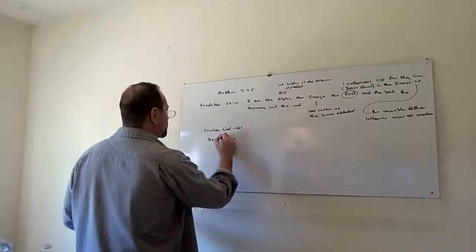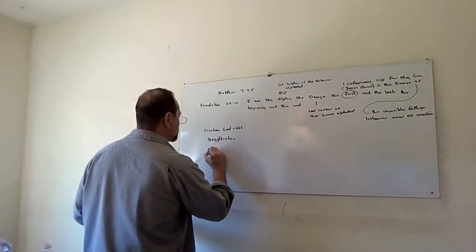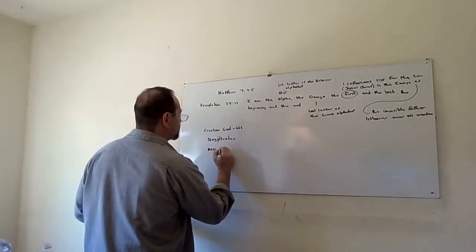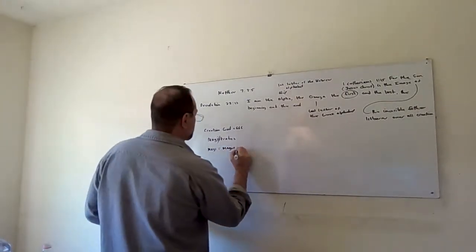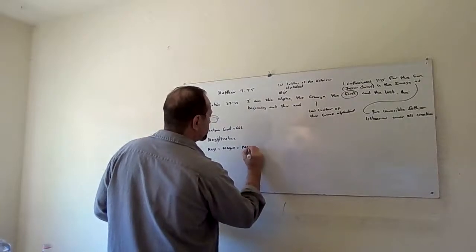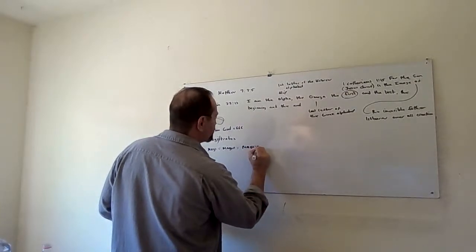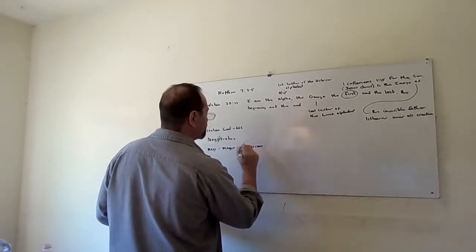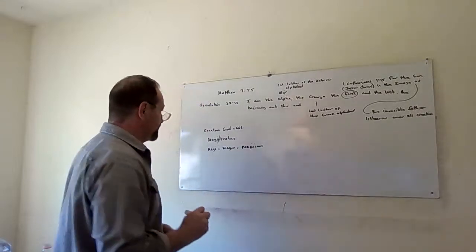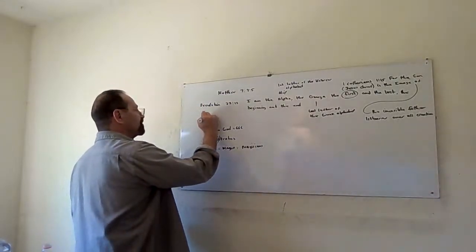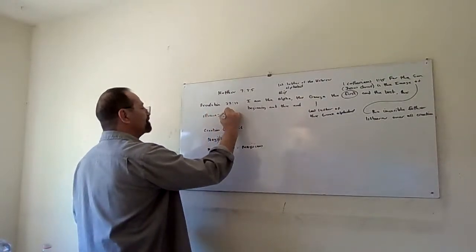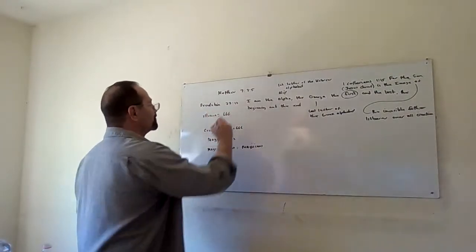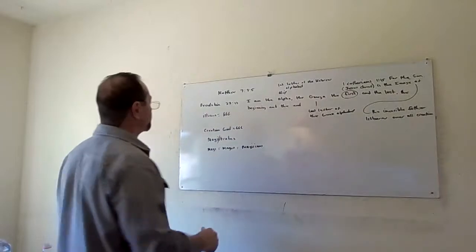Okay. Magi equals magus equals magicians. Because this world here that we're living in is an illusion, which also equals 666.